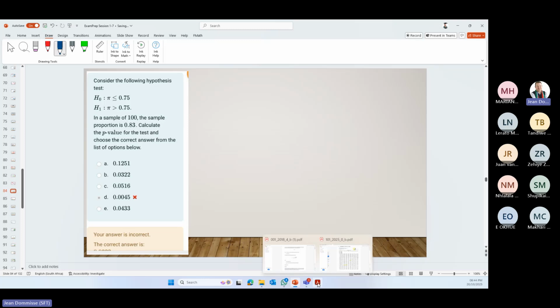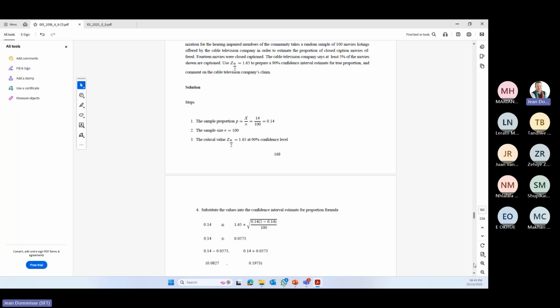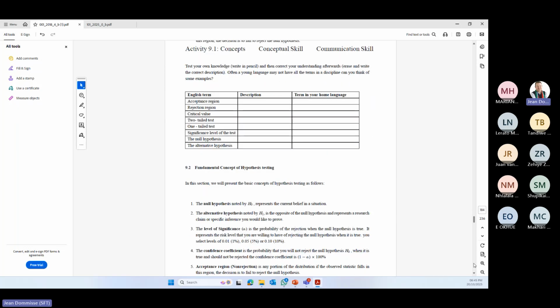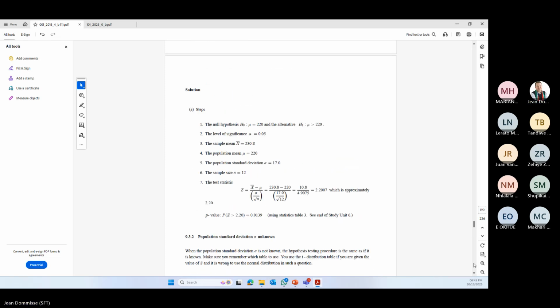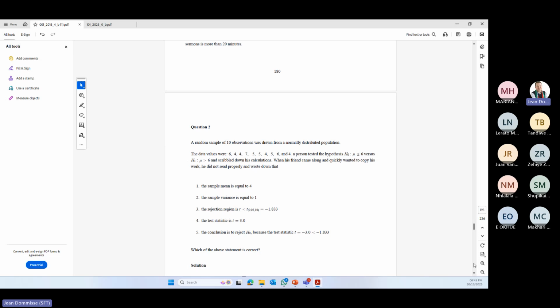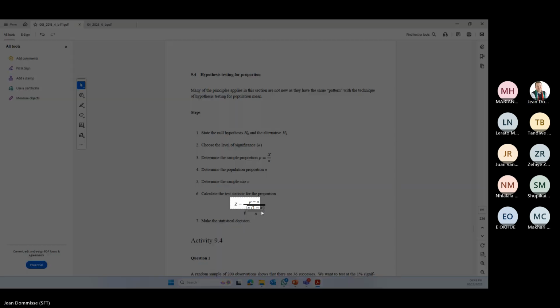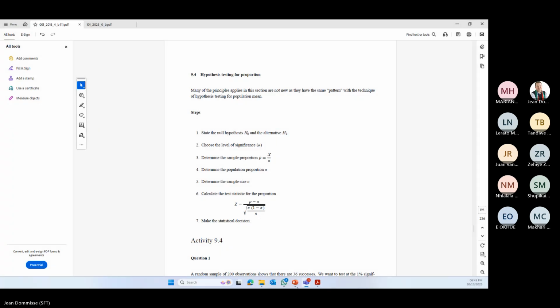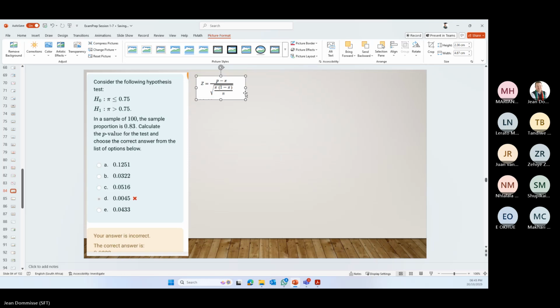So let me quickly bring in the formula of proportion for this. The proportion one is one of those that I never remember, so I will just copy it from this. Cool.